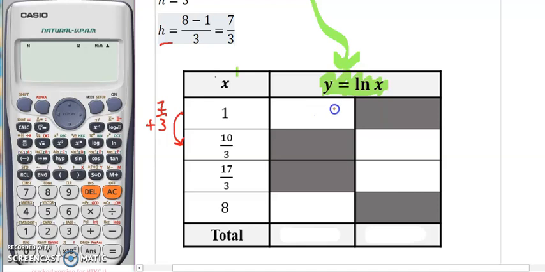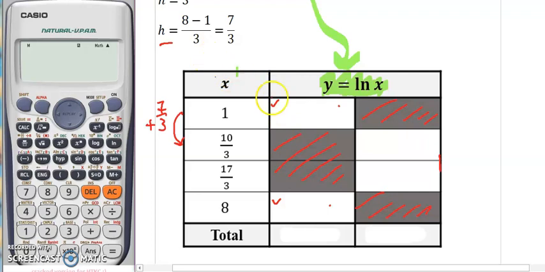I have 2 columns for y, where the shaded part is the part that we're not going to fill in anything. We separate the columns so that the first and the last value for x go in the same column, and the rest in the middle go in another column. This is because later it will be easier for us to do further calculations.